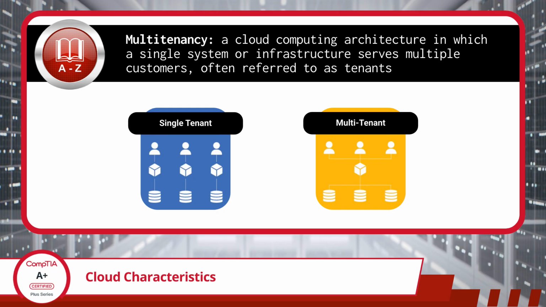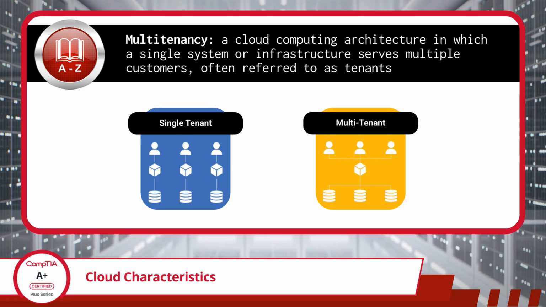This concept closely relates to the idea of shared resources that we discussed earlier. In most multi-tenant environments, multiple tenants share the same underlying computing resources, such as servers, storage, and networking infrastructure. These resources are pooled and dynamically allocated as needed. However, some cloud providers also offer dedicated resource options within a multi-tenant platform.